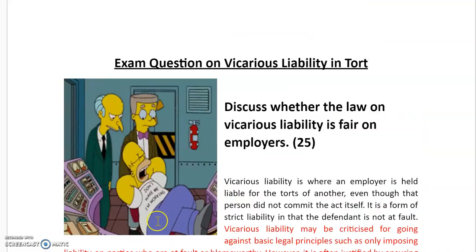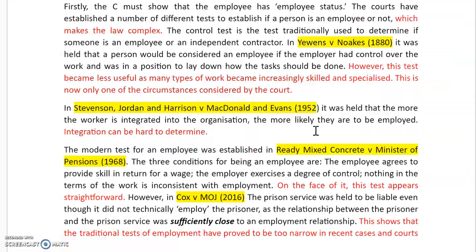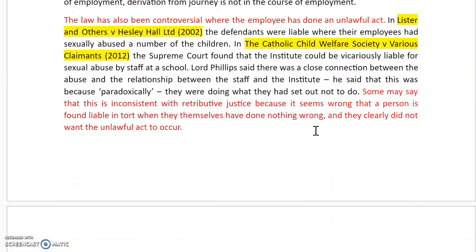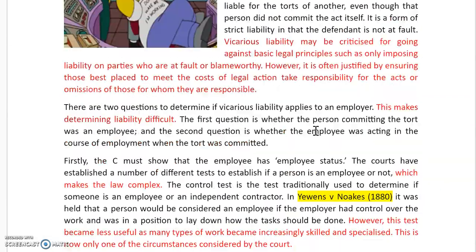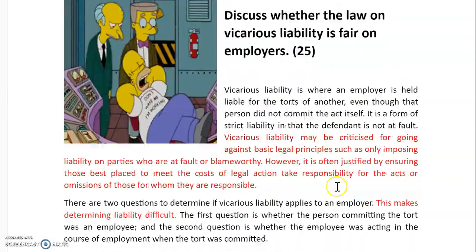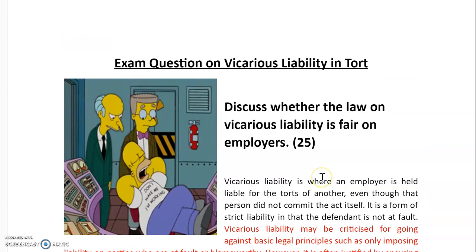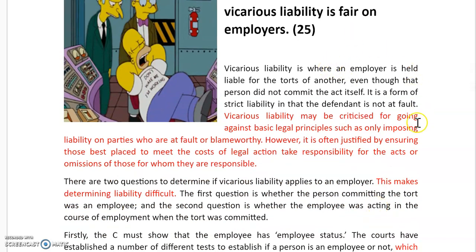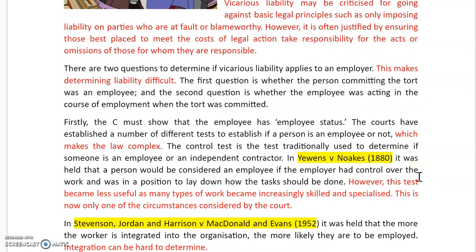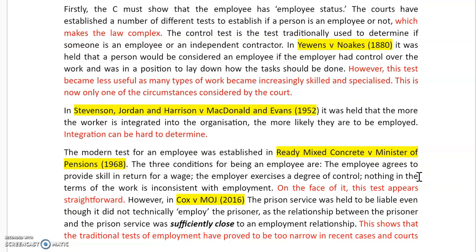In terms of structure, you'll see when I just scroll through quickly that generally there's a balance between black and red, and that's a little tip for you. When you're answering any evaluative question in law, you need to try to say what the law is and then, if possible, evaluate what you've just said, and that should then give you a nice balance of those two different assessment objectives that I've just explained.